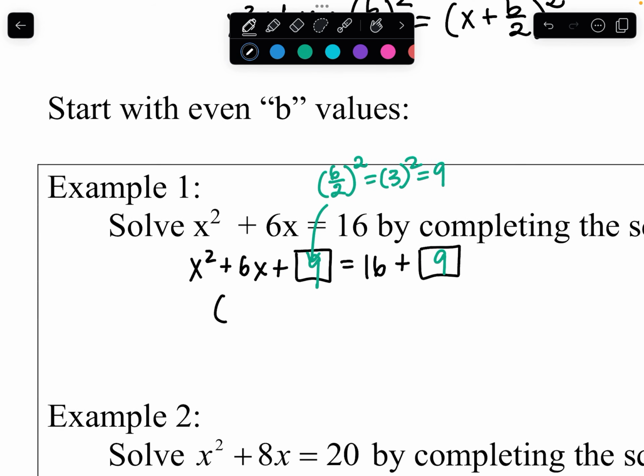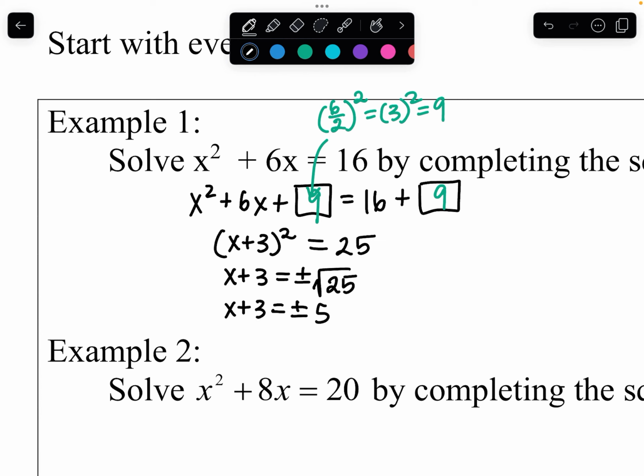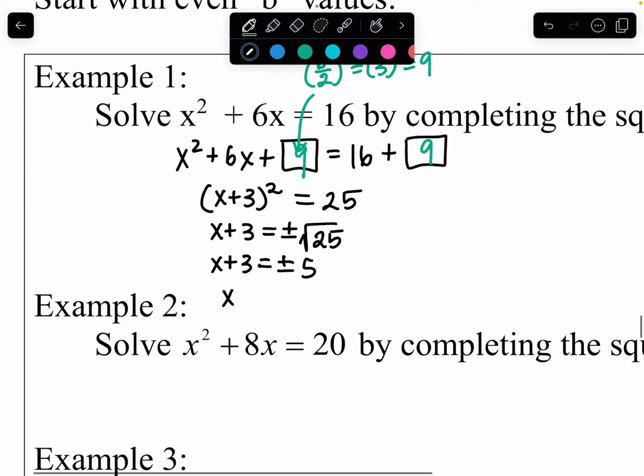And then the left side factors to x plus 3 squared. And then the right side simplifies to 25. And now we're set up to use the square root property. So x plus 3 equals positive or negative square root of 25. And we know that's just 5. So now we can move the 3 to the other side, and we can write our two cases.